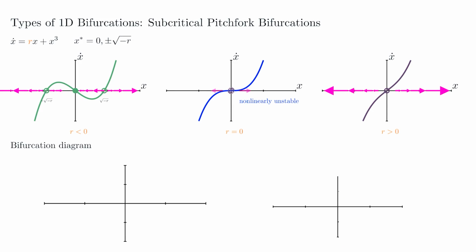So let's plot as a function of x star. For r positive, the fixed point at the origin is unstable, so that is this dashed line. For r negative, the fixed point at the origin is stable, so again we represent that as a solid line.